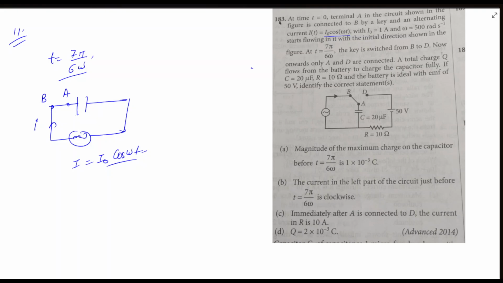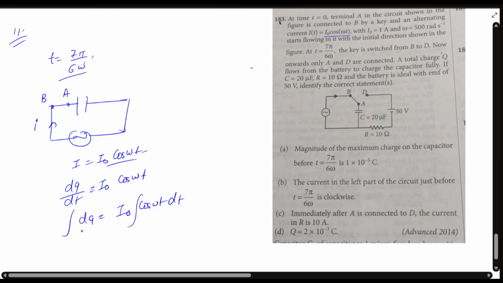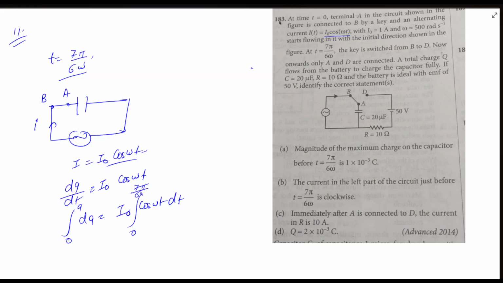Now we need to know the charge. So we know I is dq by dt equals I naught cos omega t. So dq will be I naught cos omega t dt, and we'll integrate them, right? So initially there was no charge, finally it is q. Initially time is 0 and the final time is 7 pi by 6 omega.